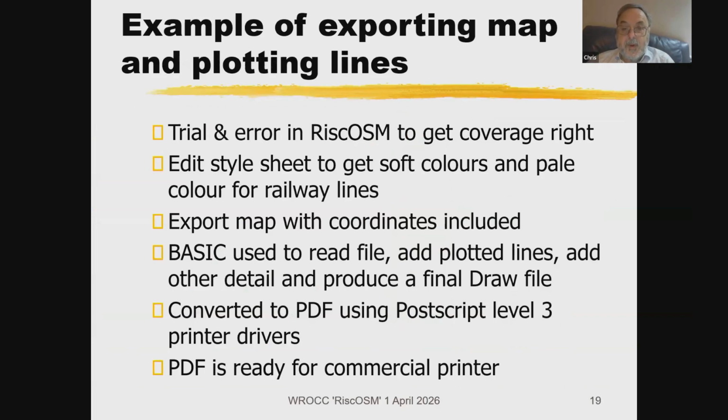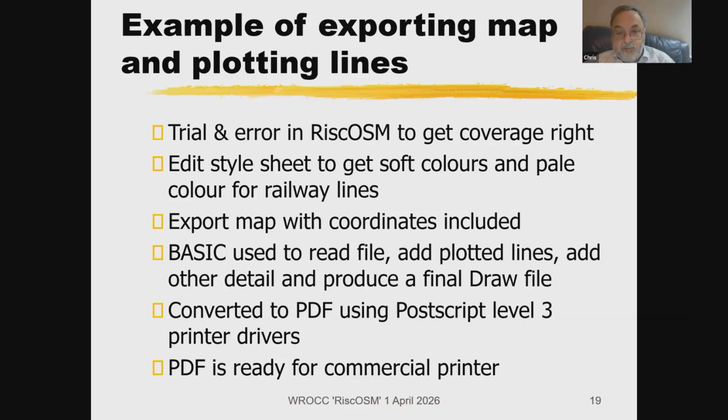So, summing that up, I was using trial and error to get the coverage right, as you saw. I edited the style sheet to get nice soft pastel colours for things that were quite prominent on the original maps, like fields and forests and things, and a pale colour for railway lines, because I was going to plot the ones I was interested in, so I wanted the others not to obtrude.